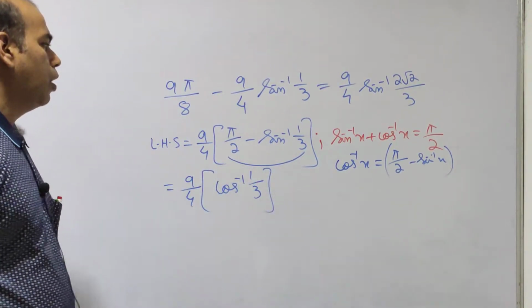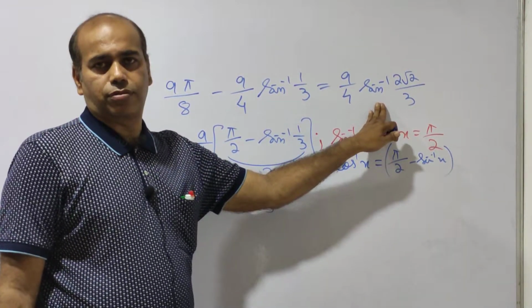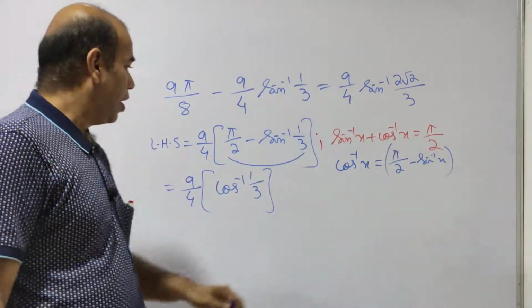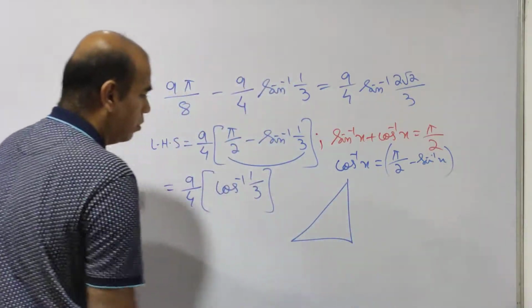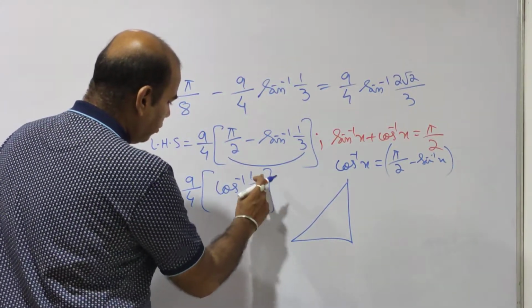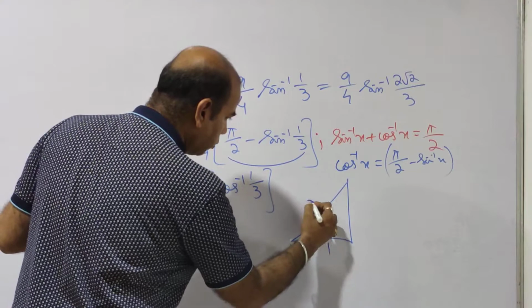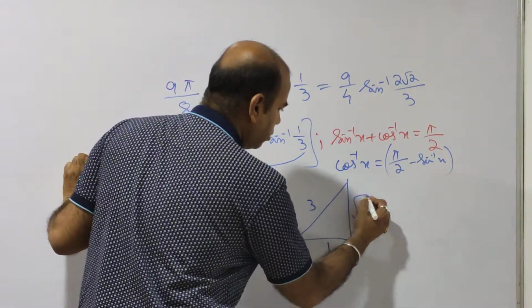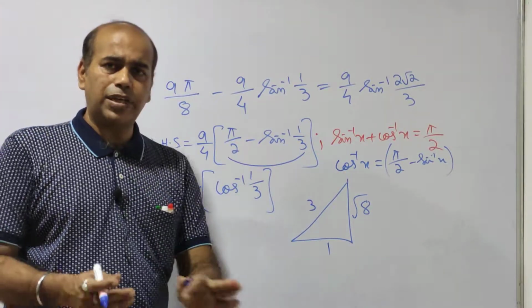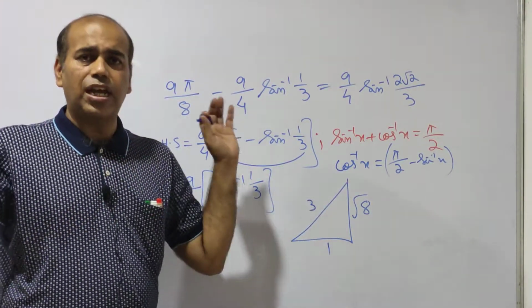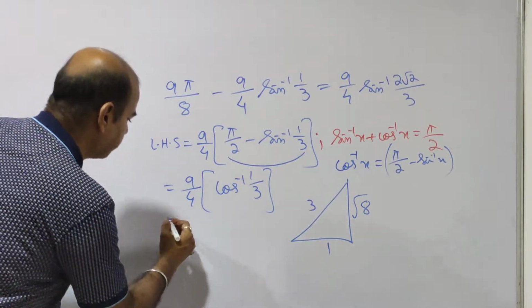But my proving is sine inverse. So what will I do? I will change this by the concept of the triangular method. See, the base by hypotenuse is 1 by 3. This is root 8 by Pythagoras. I hope, students, this concept I explained in full detail in my first lecture.